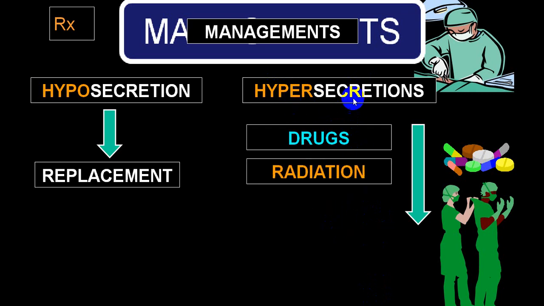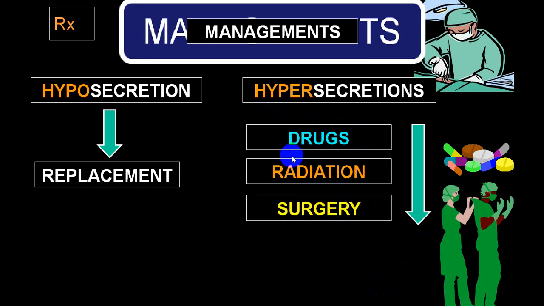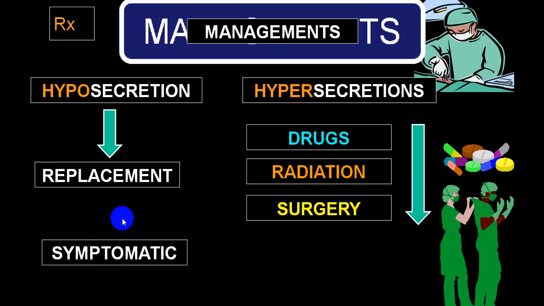Then radiotherapy to destroy the condition which produces hypersecretion, like adenoma, adenocarcinoma, etc. Or surgical intervention to remove the tumors. In case of symptomatic treatment, also in case of hypersecretion, you can utilize some drugs to have symptomatic relief or treat the basic etiology if it is possible.